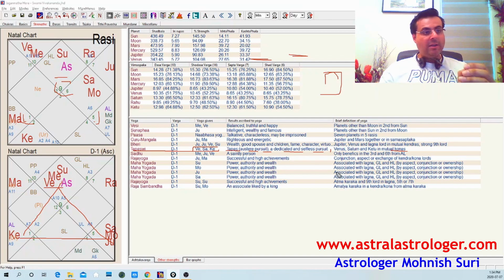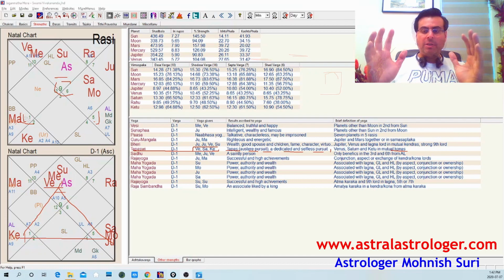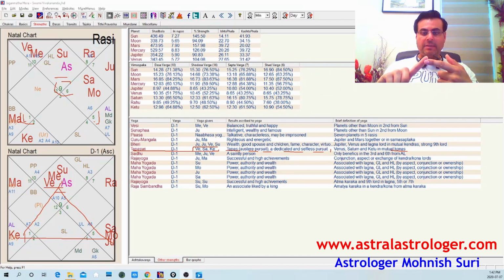So I wanted to highlight this. So we'll talk about the yogas, but what are the prerequisites of yoga? I have already talked about that in the previous videos. So the prerequisites of all the yogas are, first, that they have to happen in the Bhava Chalit chart, not in the Lagna chart. And two, the corresponding houses, the first house, ninth house, fifth house, they have to have the adequate powers.